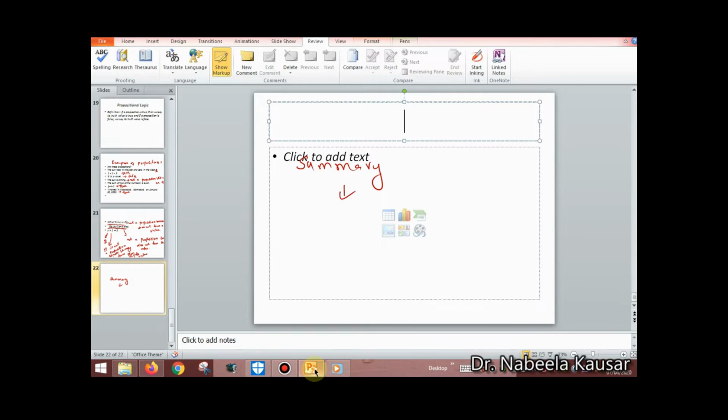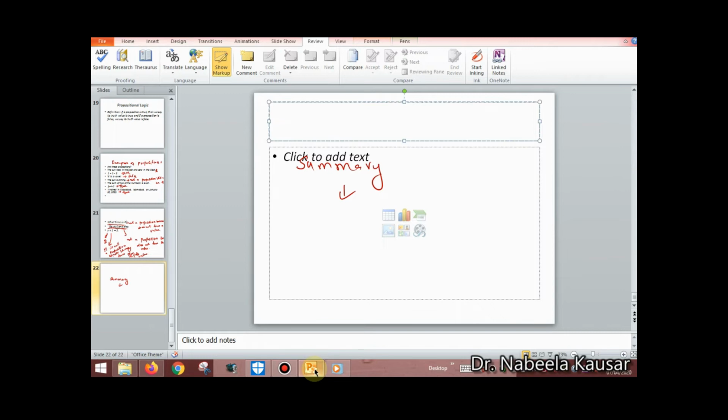We said that when a declarative sentence has a true value, then it is a proposition. When a declarative sentence has a false value, then it is a proposition. But when a sentence may have a true value or may have a false value, as in sun is shining, then it is not a proposition.